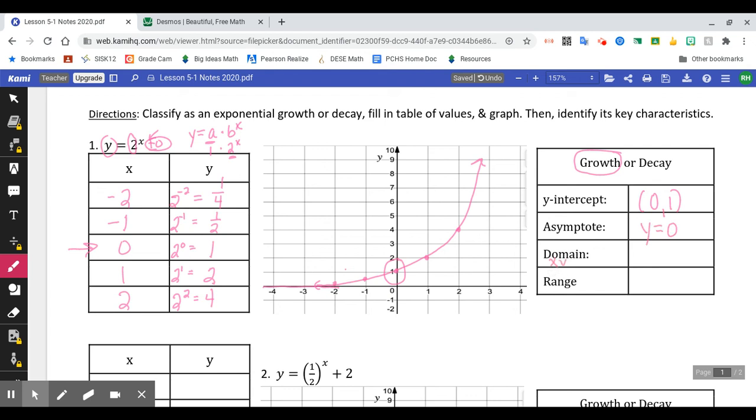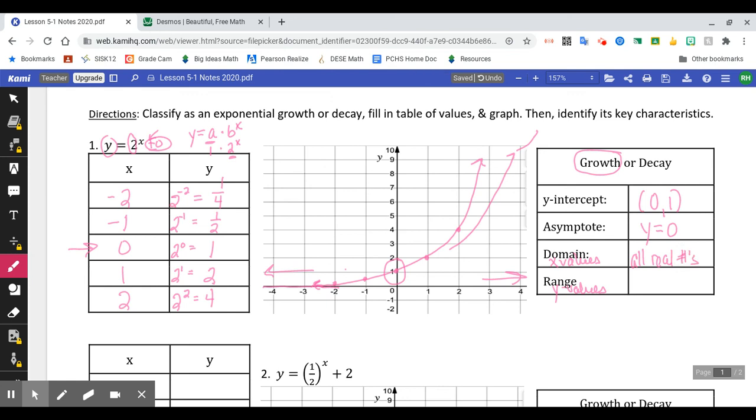Domain is always the x values in the function, and range is always the y values in the function. Now, our x values, if you notice, this arrow here means they're going to keep going this way forever and ever. And as this guy increases up this way, it's going to keep going out here just a little bit, which means it can go this way forever and ever. So that means our x values are going to be all real numbers. Anything works, okay?